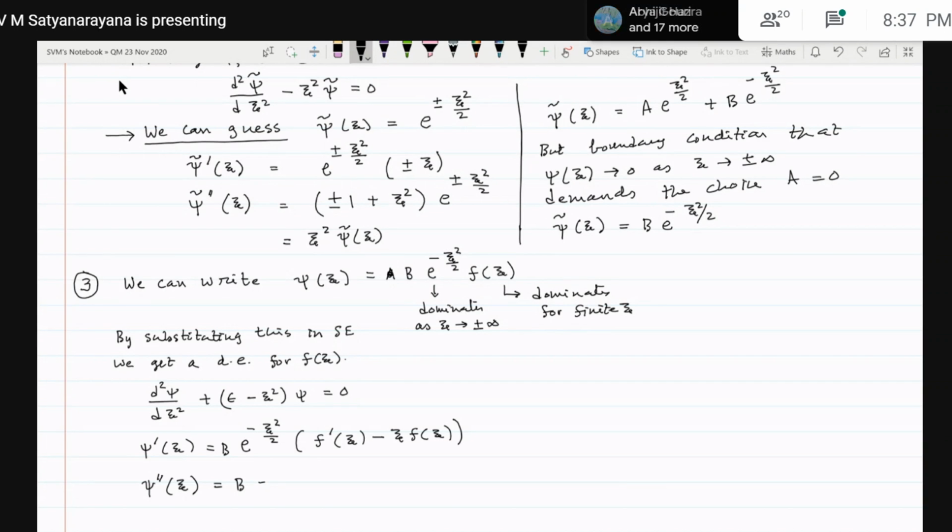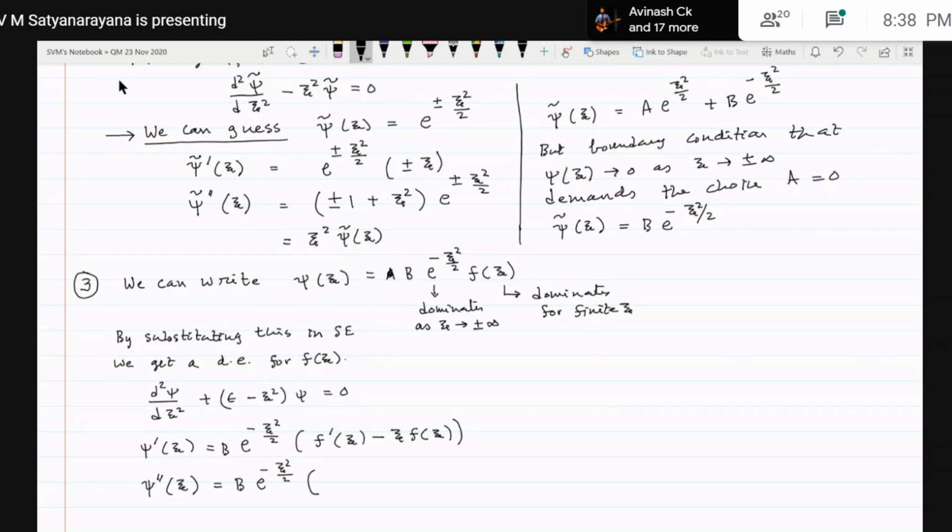Okay, so if I do that, I have minus xi square by 2, and when I do this differentiation of this, I get a minus xi here and xi square here, and when I do a differentiation of this, I will have minus xi f prime.